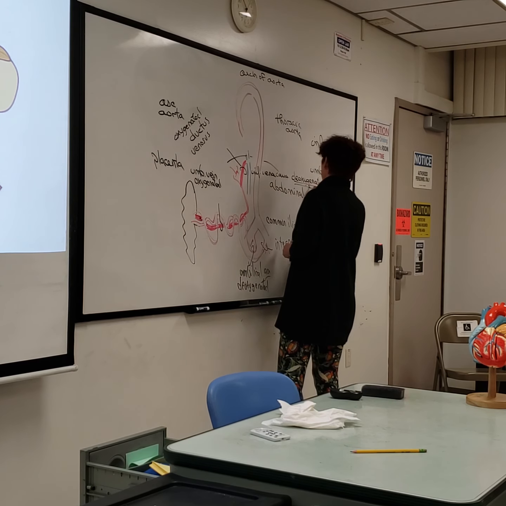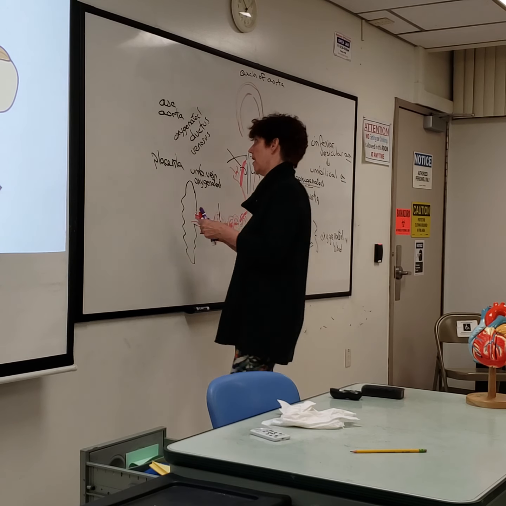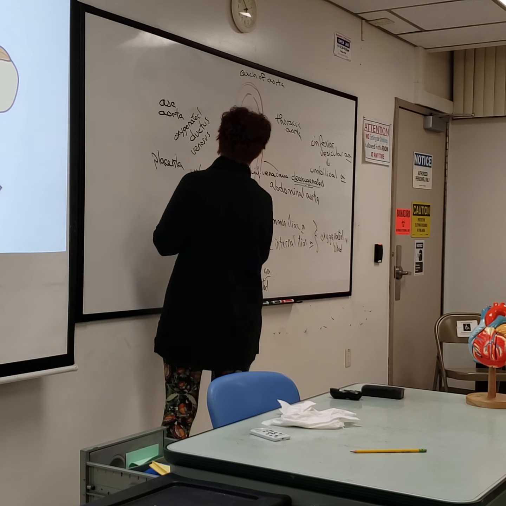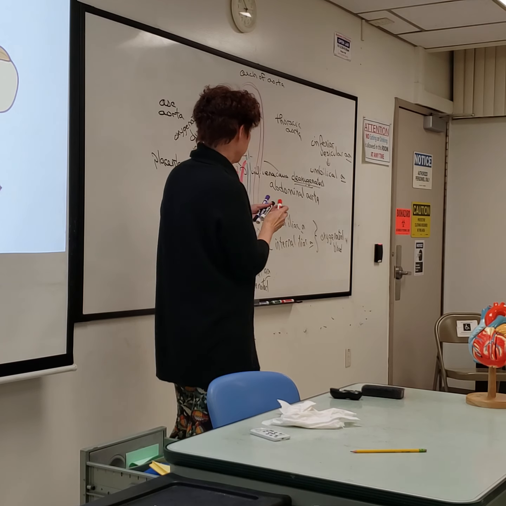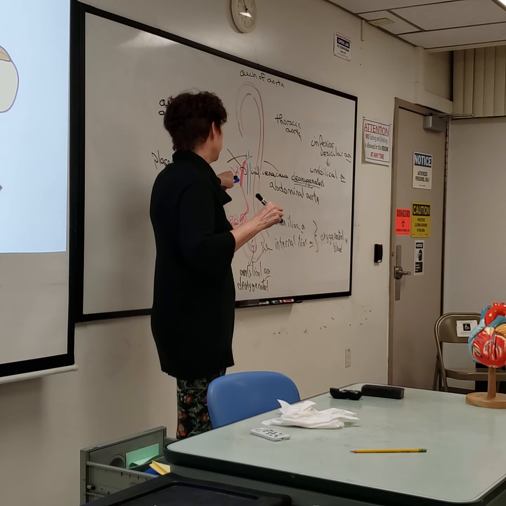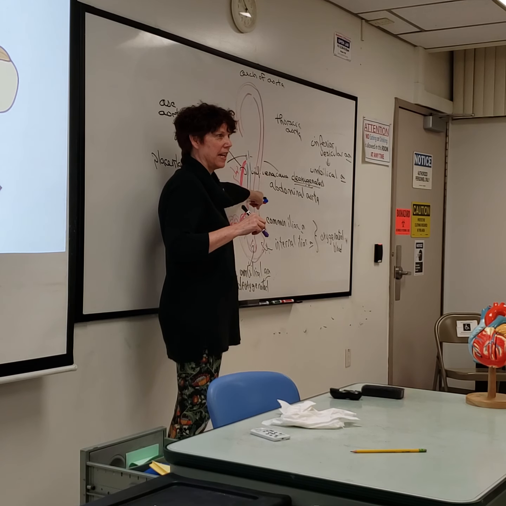I'm going to underline that to emphasize it really is deoxygenated. And I'm going to underline this to indicate it does have lots of oxygen. Okay? And now I'm going to draw purple because it's a mixture of oxygenated and deoxygenated.